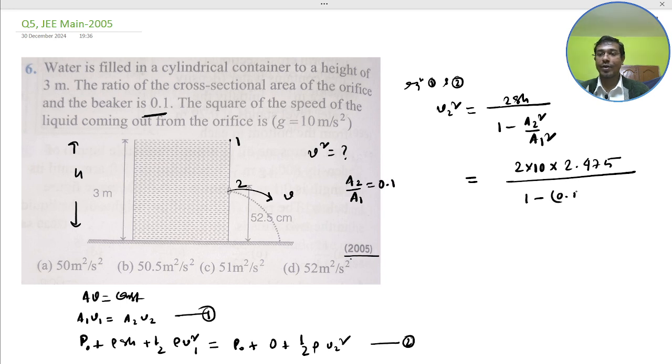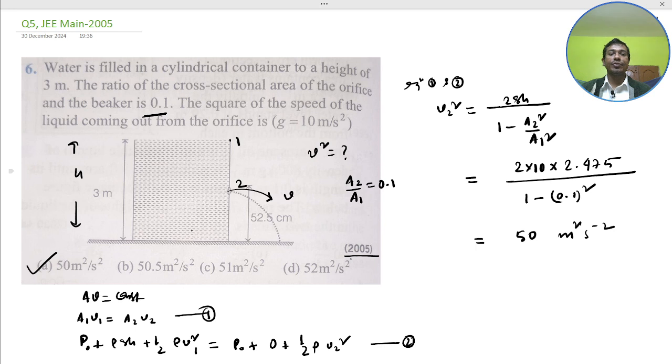So 0.1 whole square, that would become 50. Velocity square means meter square per second square, meter square second to the power minus 2. So 50 would be our answer. A would be our correct answer. 50 meter square per second square.